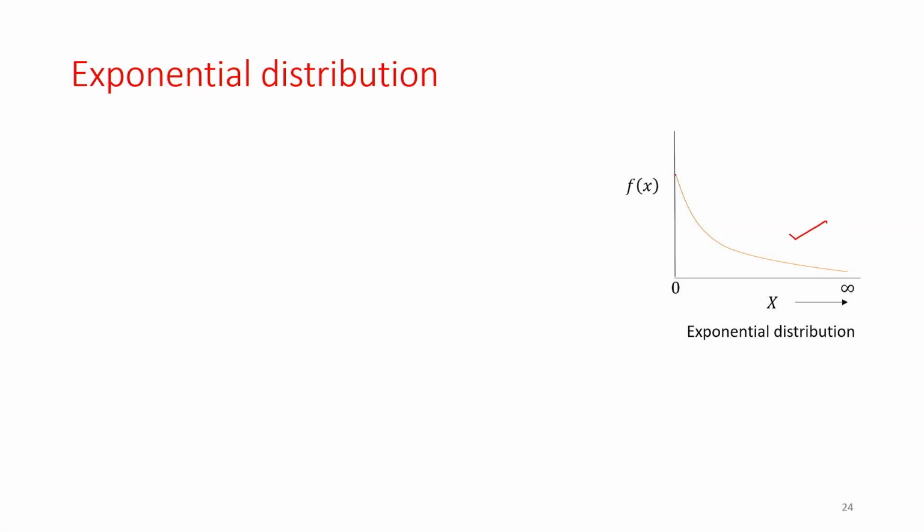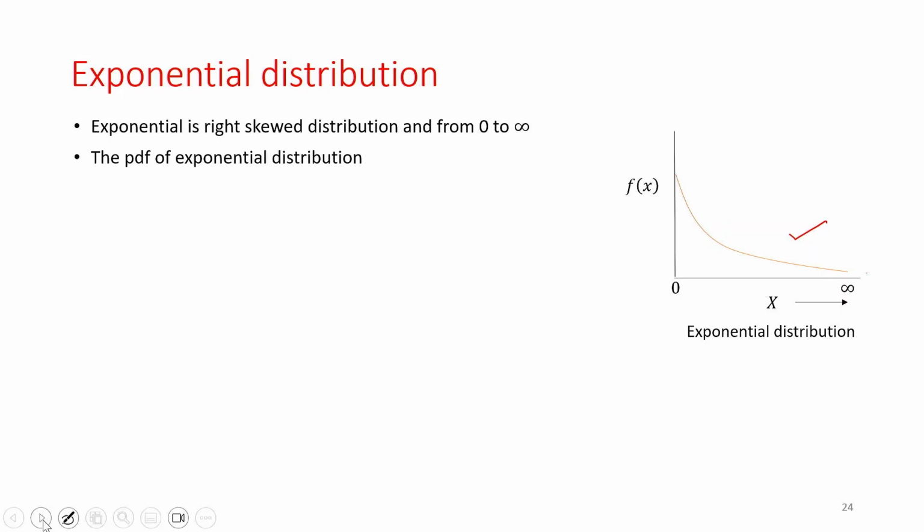You look at the curve, it is starting at 0, the value is very high, it is gradually falling, and it follows the exponential law. So exponential distribution is a right skewed distribution, and from 0 to infinity. So it starts at 0 and goes up to infinity.